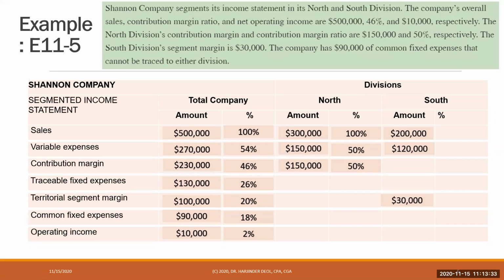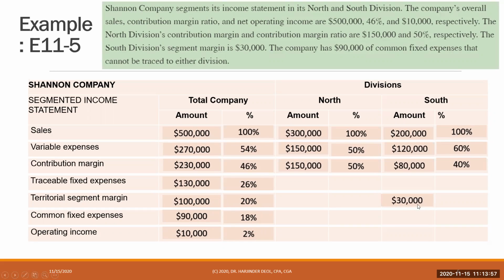We can get the contribution margin, 200 minus 120, $80,000. Now that 80,000 as a percentage of sales, well, the South Division's sales are 200,000. So 80,000 as a percentage of sales works out to 40%, and our variable costs are 60%.